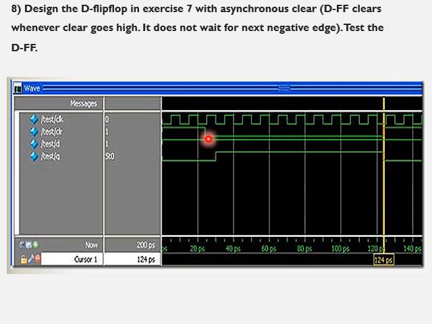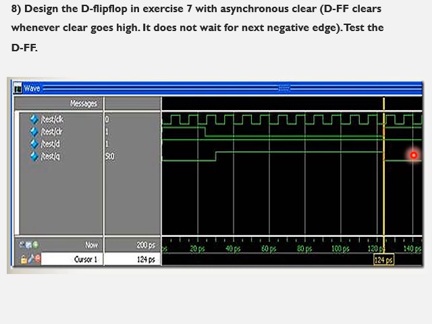Now after 100 time units from 24, that is at 124, again I am making clear equal to 1. Since this is an asynchronous clear, it will not wait for the active edge of the clock. At 124 itself, the output will immediately become 0. This is the main difference between synchronous clear and asynchronous clear.